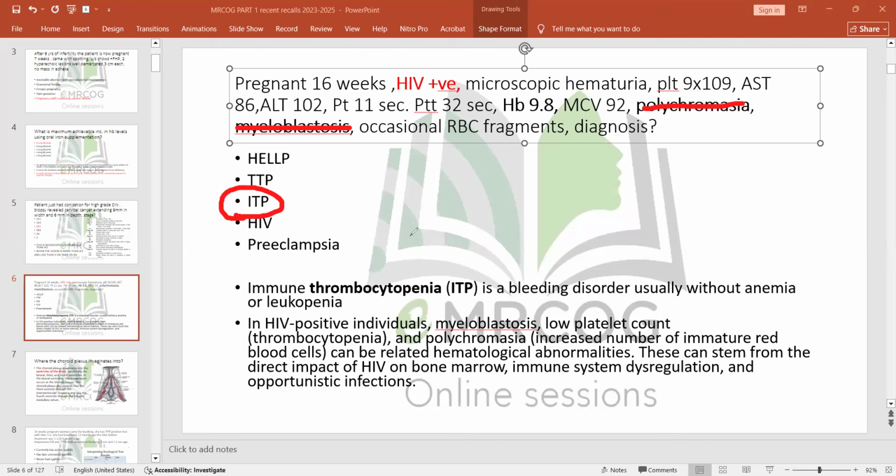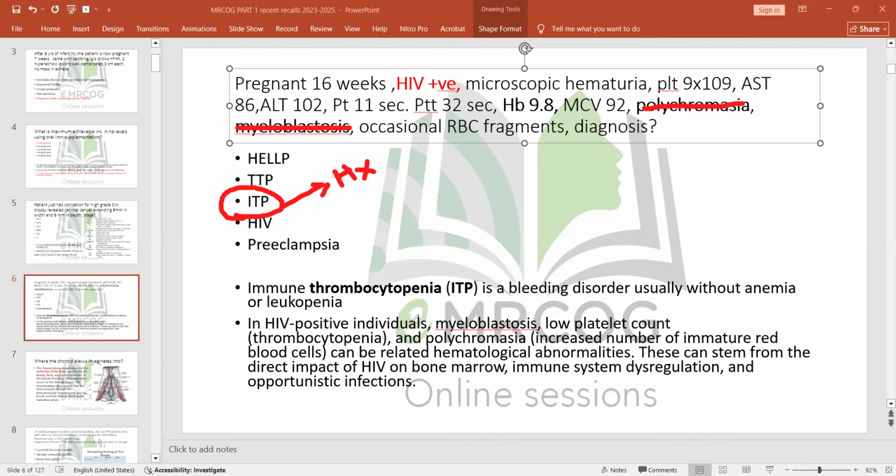And for ITP, I don't need the anemia. I just need a history of bleeding or bruises, okay? Or a very prone liability to get bleeding or bruises, and thrombocytopenia. This is ITP.